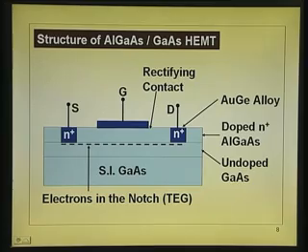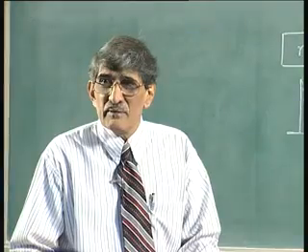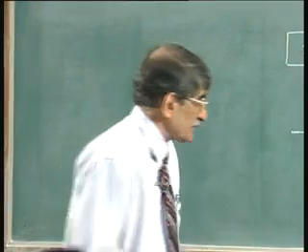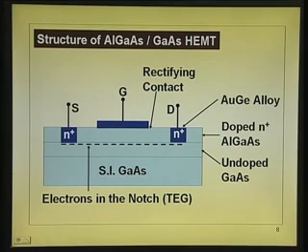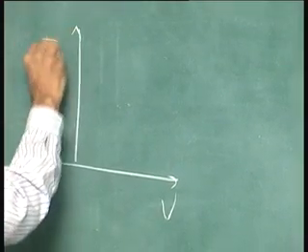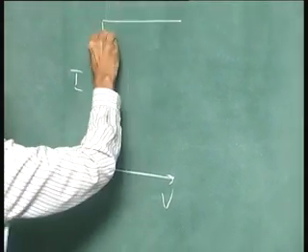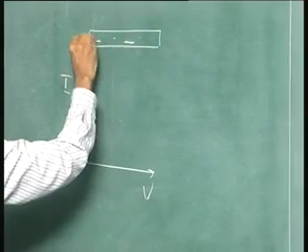You take any charge sheet, apply voltage between the two, it will ultimately saturate. So, you get a current I versus V in a charge sheet there.